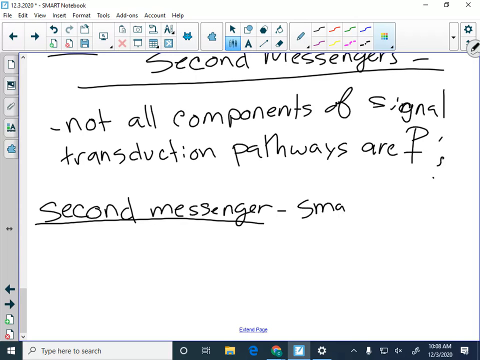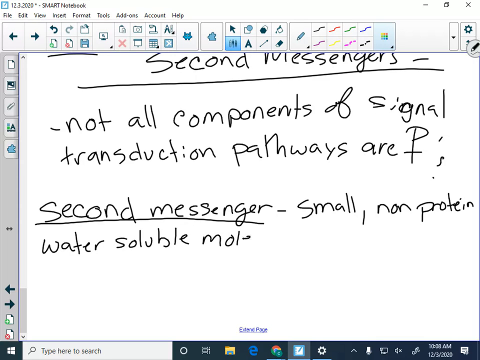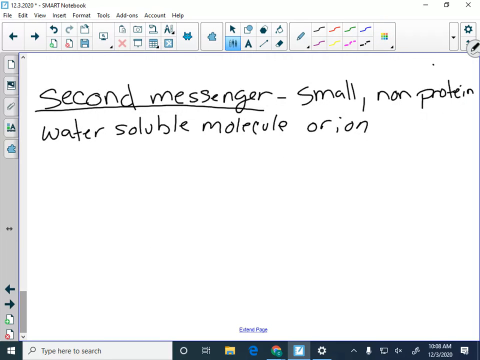Small, non-protein, water-soluble molecule or ion. Second messengers play critical roles in these signal transduction pathways.